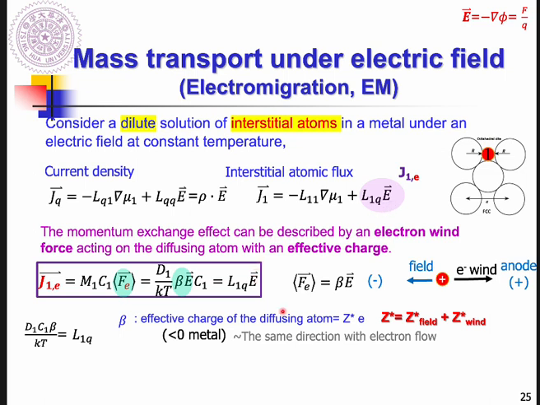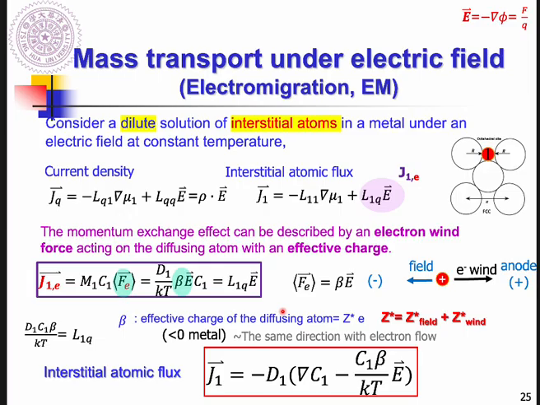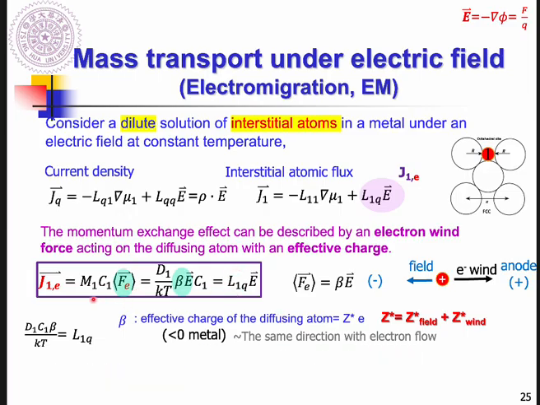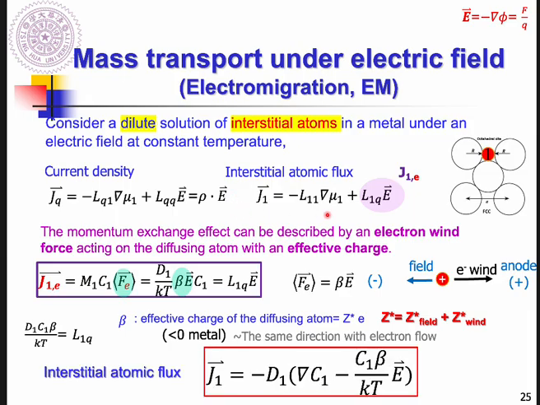Okay, so since you already wrote down this term, I just want to sum them together. What's the total interstitial atomic flux? The first term is driven by the chemical potential gradient, as we mentioned before, and will obey Fick's first law: the negative diffusivity of these interstitials times the concentration gradient of these interstitials.